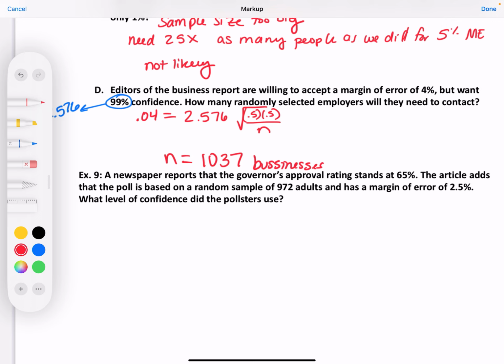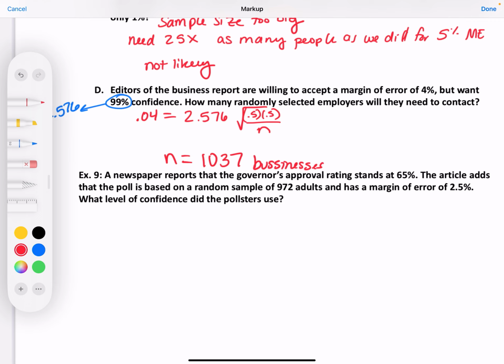All right. A newspaper reports that the governor's approval rating stands at 65%. The article adds that the poll is based on a random sample of 972 adults and has a margin of error of 2.5%. What level of confidence did the pollsters use? So basically, we're finding z star in the formula now.